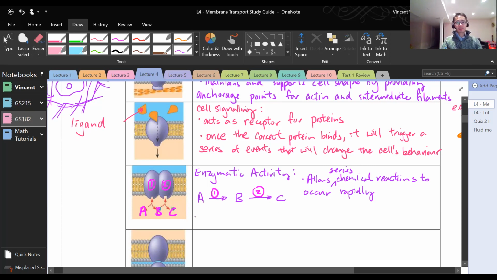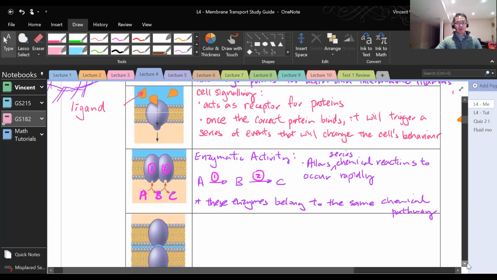Usually these enzymes belong to the same chemical pathway. It's like the same assembly line. You want them to be close to each other as much as possible.